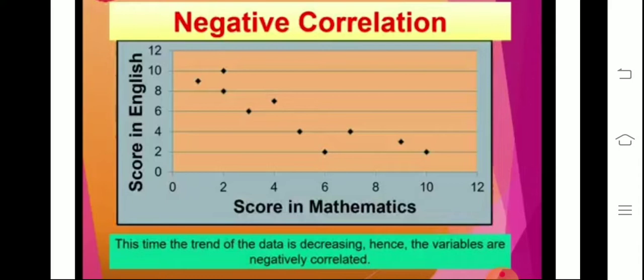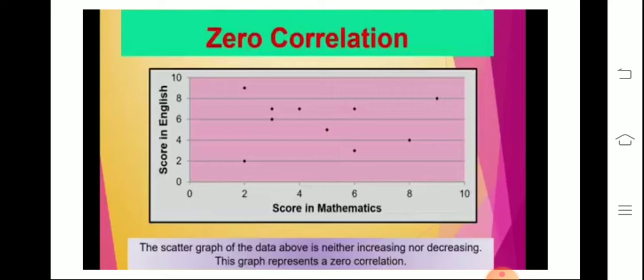For the negative correlation, the trend of the data is decreasing. The variables are negatively correlated. For the zero correlation, the scatter graph of the data above is neither increasing nor decreasing. This graph represents a zero correlation.